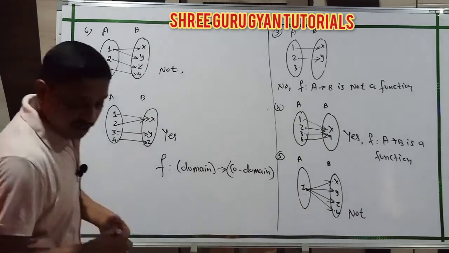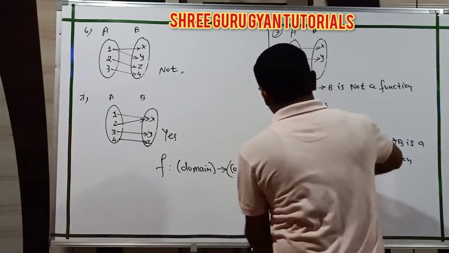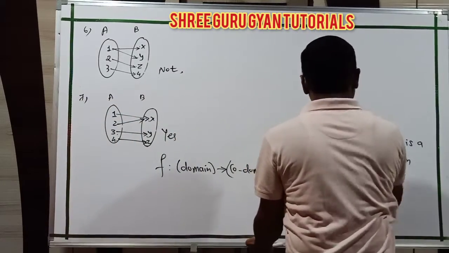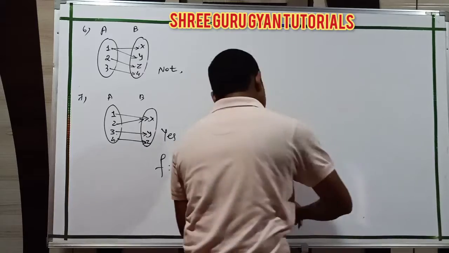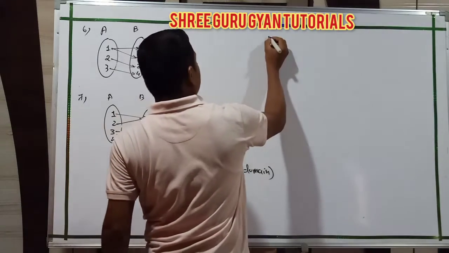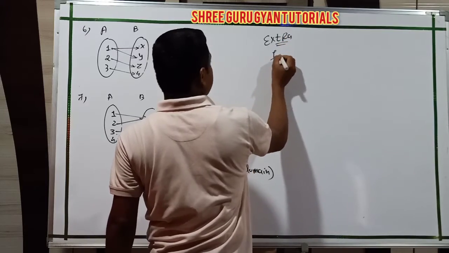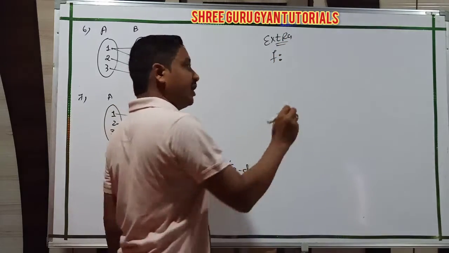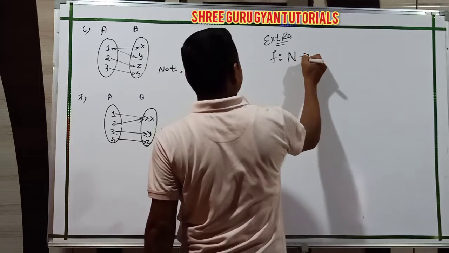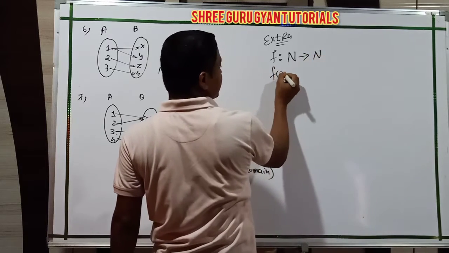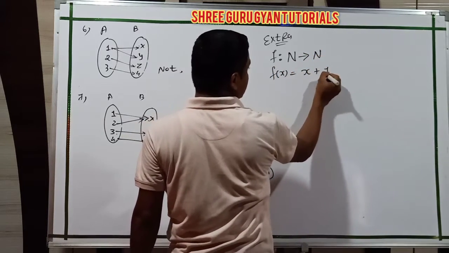Consider I am just taking one example related to domain and codomain, and here I define some range. So for an extra example, just like I wrote function f for any n tends to n, and f(x) I take x plus 1.